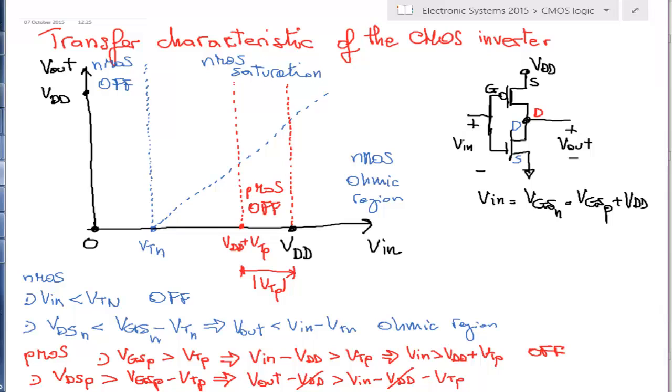So again, we can draw the line which corresponds to the equal sign, and this is a line with a slope of 1, which passes from a point here at minus VTP, because when V in is equal to 0, V out is equal to minus VTP. So this is the line, and above this line, when the larger sign is true, we have the ohmic region.